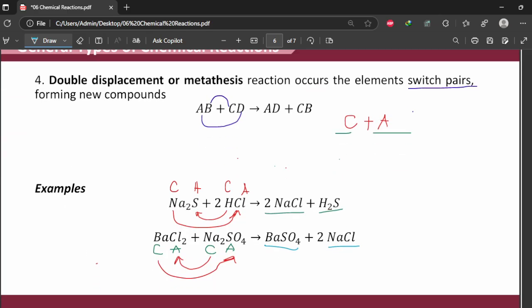While for double displacement naman, what happens here is that you have two compounds switching whatever needed to be switched. So, two compounds dalawang compounds, may cation and an ion. Then, the cation from the first compound will switch its partner to the anion of the second compound, and then vice versa, no? So here, ang tatandaan mo lang is nagkaroon ng pagpapalit or switching.